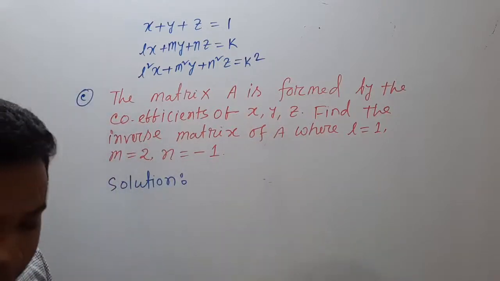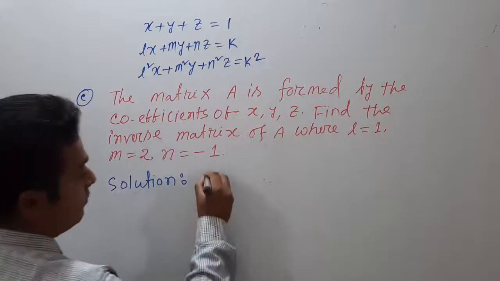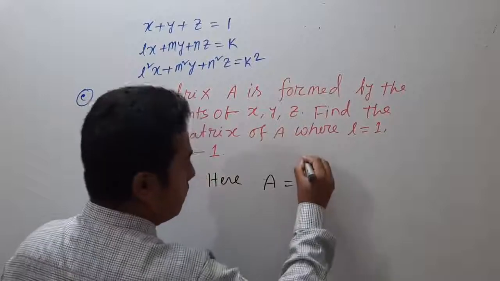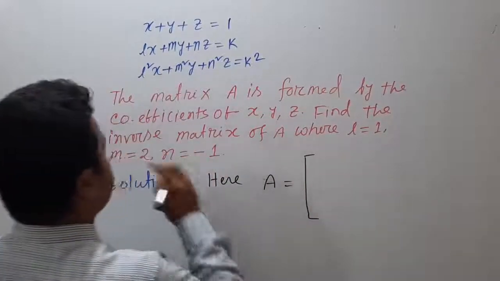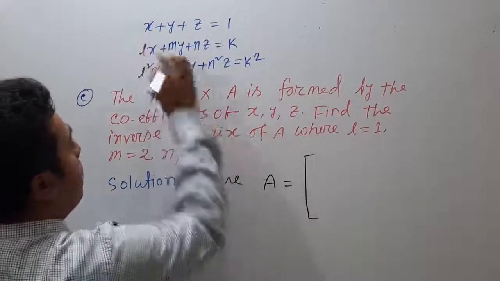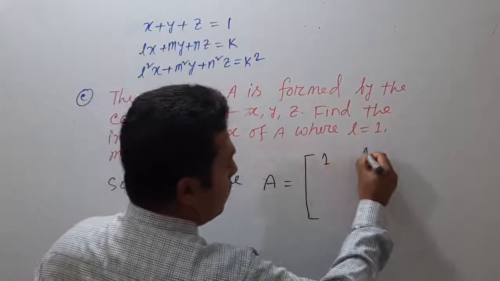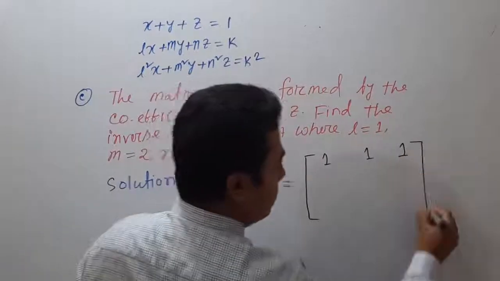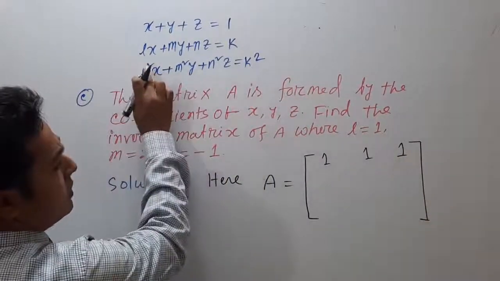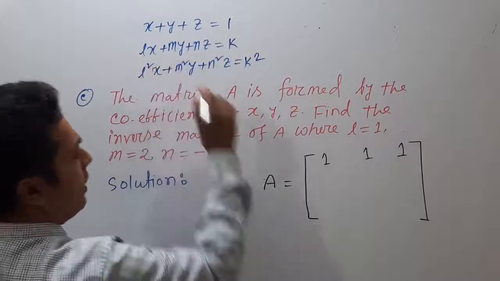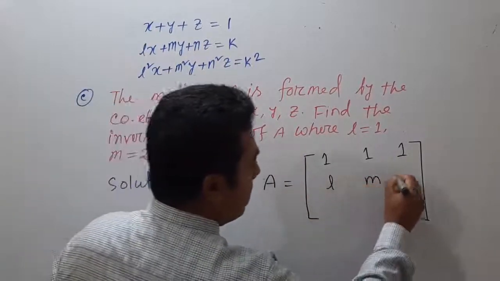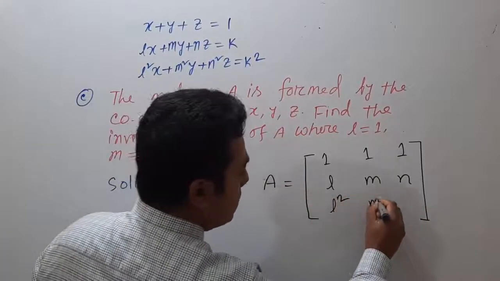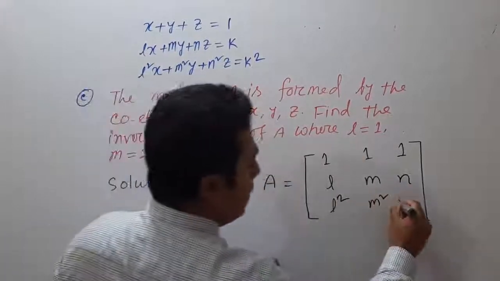So our matrix A will be: 1, 1, 1, the coefficients of equation 1, and this is L, M, N, and this is L square, M square and N square.